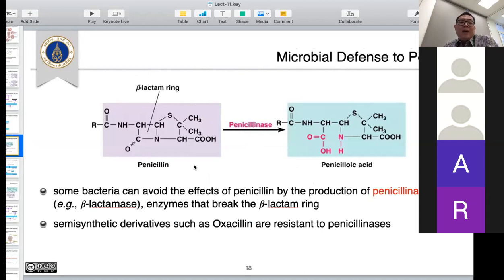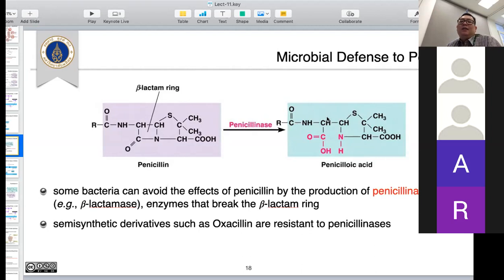Bacteria develop an enzyme called penicillinase to digest the beta-lactam ring. Okay. Once the bacteria digest beta-lactam, the penicillin becomes penicilloic acid, so it loses the beta-lactam structure, and this cannot allow the medicine to bind to PBP.